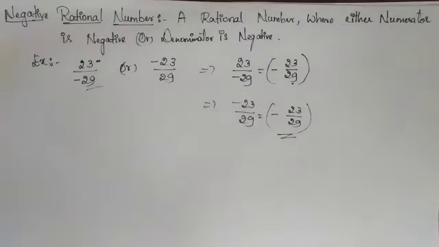Now, how are we going to represent a rational number on the number line? We know how integers are represented on a number line. In the same manner, we first consider how we represent integers, and then we can understand how rational numbers can be represented.